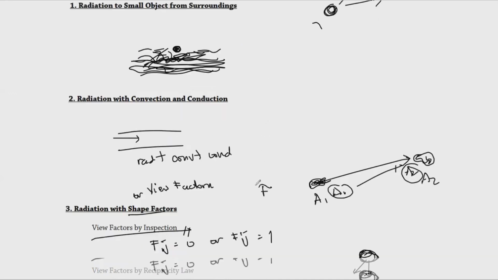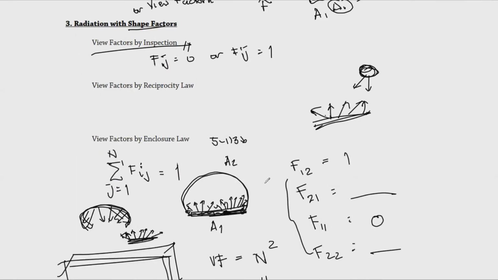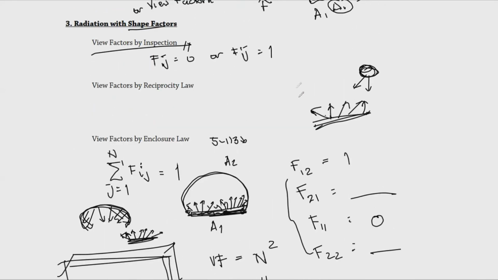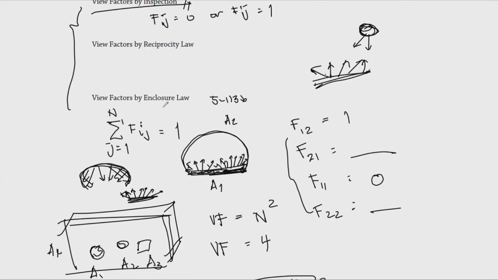But when the material has something like an enclosure, we should always be using these shape factors, and the shape factors would be determined based on the inspection, the reciprocity law, and the enclosure law.